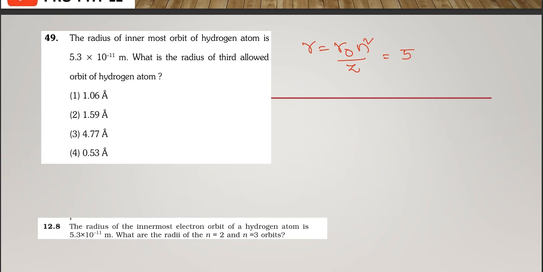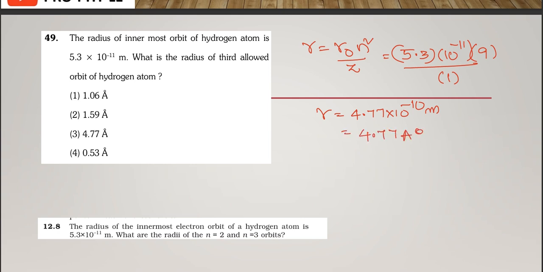So that will be 5.3 into 10 to the power of minus 11 into n square, third orbit, so 9 by Z. As it is hydrogen, Z value will be 1. So the R value will be 4.77 into 10 to the power of minus 10 meters, or that is 4.77 angstroms. So this is also an NCERT exercise question.